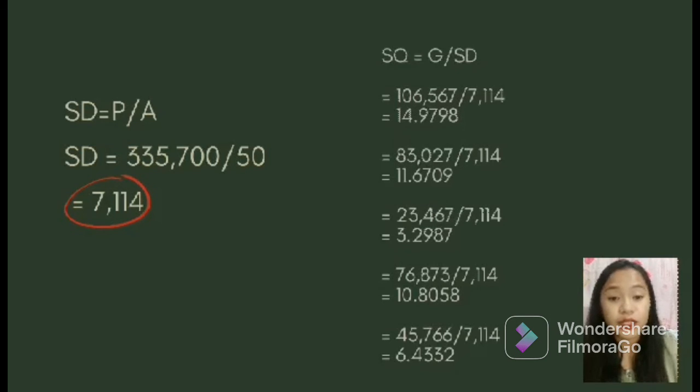For State 3, 23,467 divided by 7,114 is equal to 3.2987. For State 4, 76,873 divided by 7,114 is equal to 10.8058. And for State 5, 45,766 divided by 7,114 is equal to 6.4332.